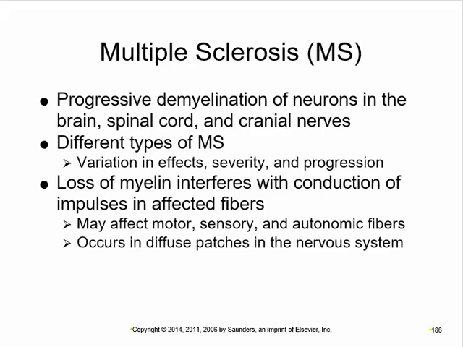If it's sensory, or if they're in the sympathetic or parasympathetic, that's what's affected the most. When this happens, it's not a focal lesion. It's usually patches across the nervous system and the central nervous system. And so we have little patches of demyelination.